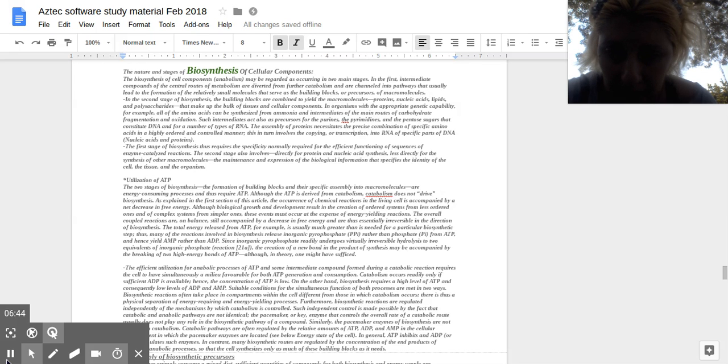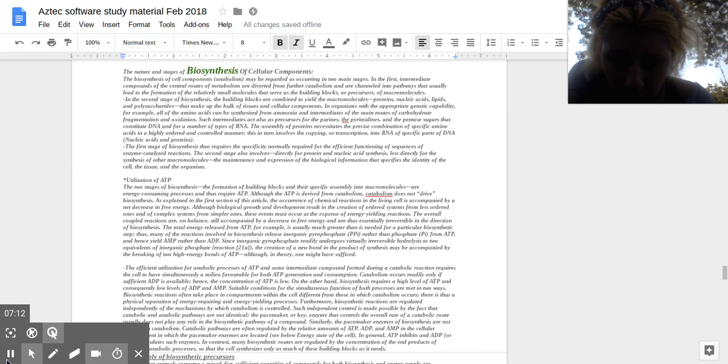Although the ATP is derived from catabolism, it does not drive biosynthesis. As explained earlier, the occurrence of chemical reactions in living cells is accompanied by a net decrease in free energy.